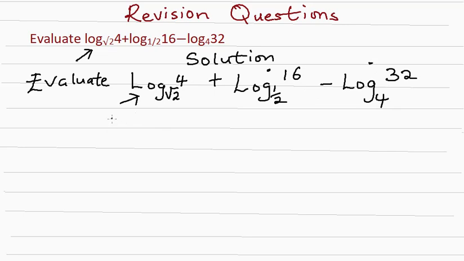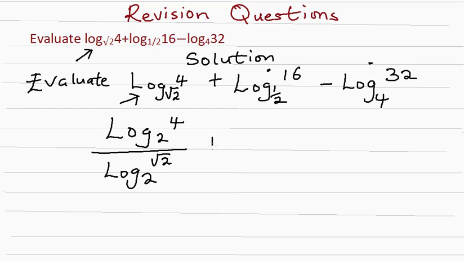So I will change this log here to base 2. That's going to be log 4 in base 2, divided by the log of root 2 in base 2. That's the only way I can go about it. I'll change this one to base 2 also.